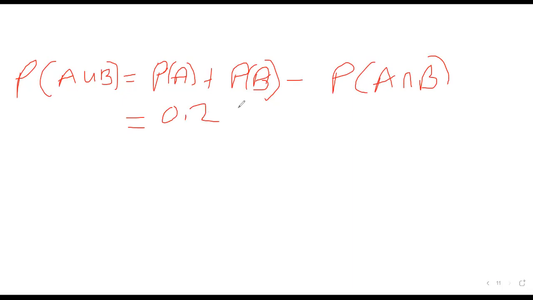Our probability of B, 0.3. Our intersection we just calculated now as 0.15. So when we calculate this, we're getting 0.35.